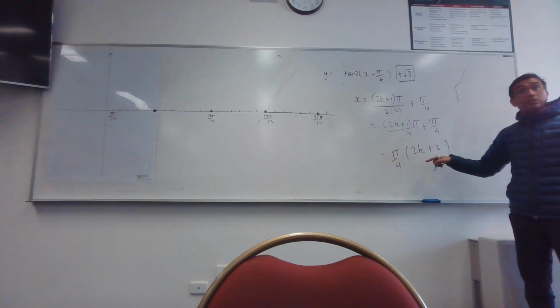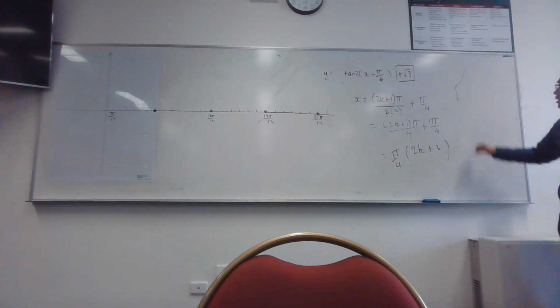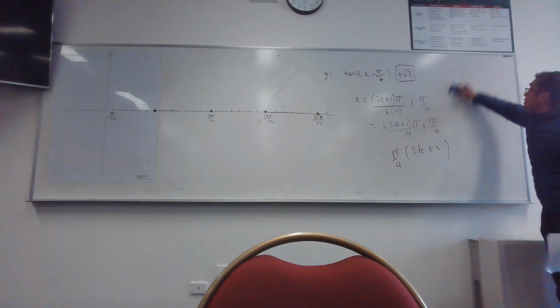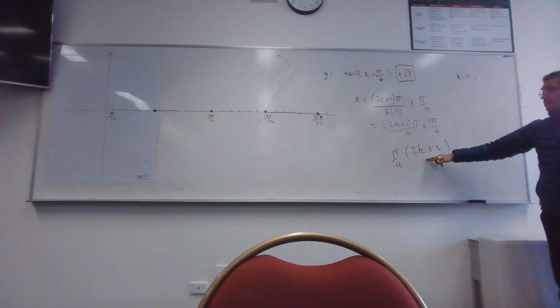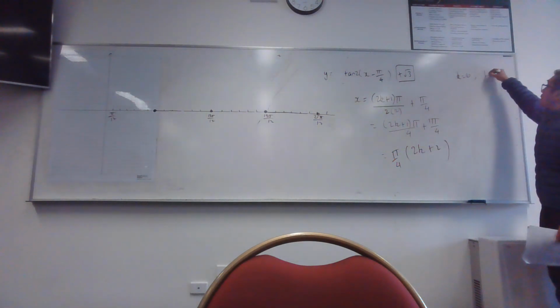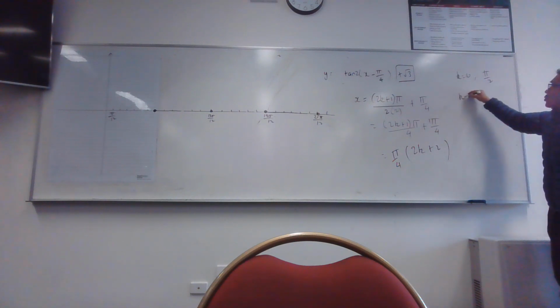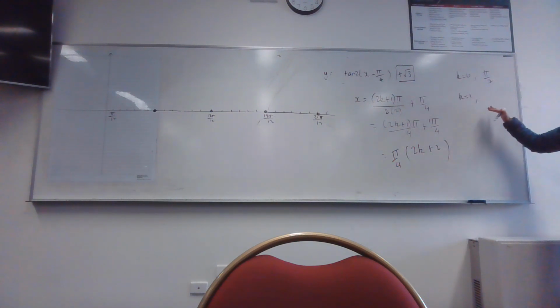So now let's chuck in some counts. K equals 0. If k equals 0, what do I have? Pi on 2. K equals 1. 2 times 1 plus 2. Pi on 4?